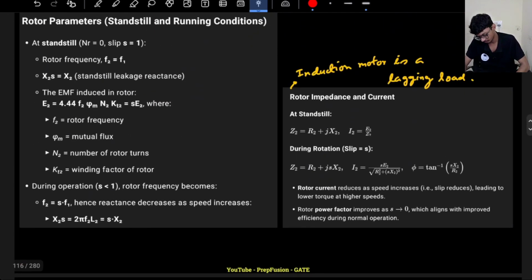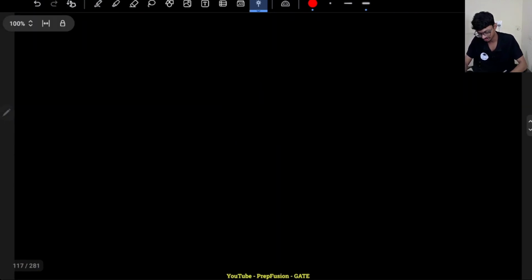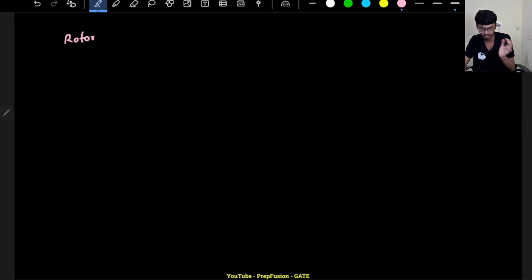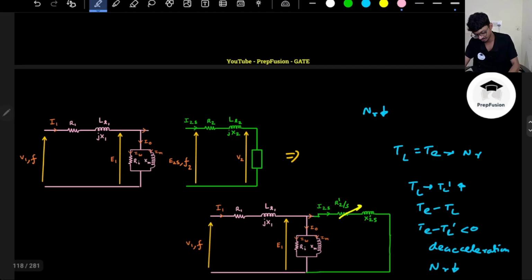Before this, we want to discuss about the rotor circuit, rotor only. It is not a single equivalent circuit. There are two configurations of the rotor circuit. This is the first one.